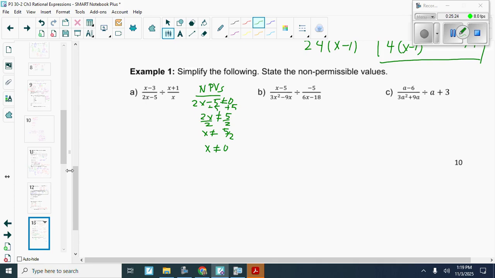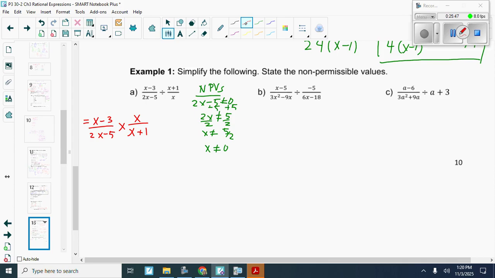Then it said that we are going to keep, change, flip. So we're going to change our division into a multiplication, and we're going to multiply by the reciprocal. So this becomes, I'm going to write it way over to the left here, x minus 3 over 2x minus 5 times x over x plus 1.